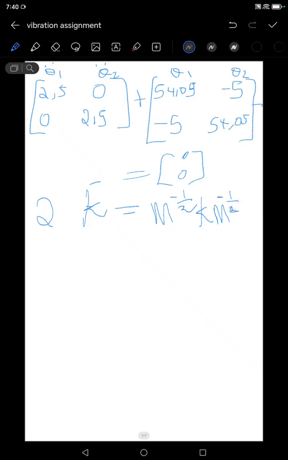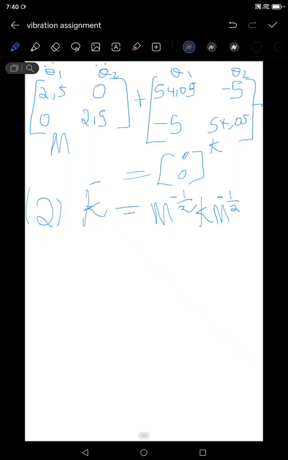All the time, we're going to use this formula. m is for mass, k is for stiffness. So this is our mass, and this is our K, our stiffness.